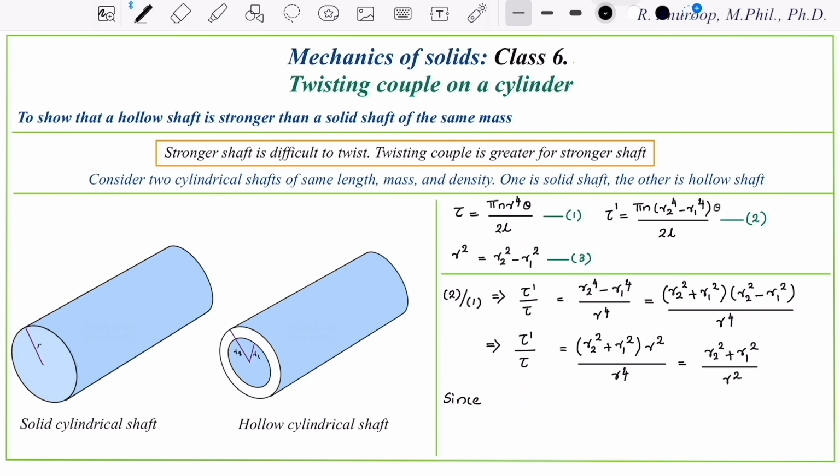Since r2 square minus r1 square is equal to r square, we can clearly say that r2 square plus r1 square is always greater than r square. Why? Because r2 square minus r1 square is r square.